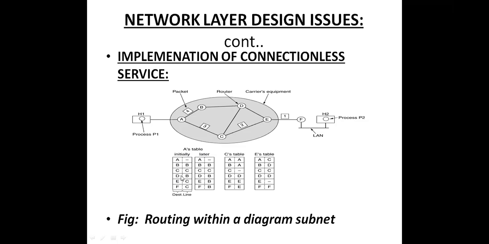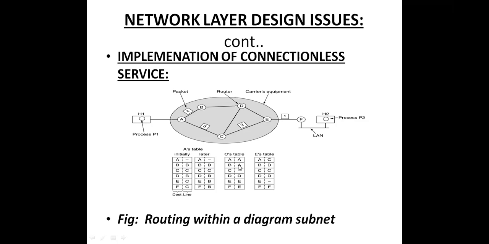So A to D, either B or C. In this particular example, A communicates to D via B. For E, A communicates to E via C, or it may go via B, so B and C both are possible. Or if A is willing to communicate to F, either via B or via C. This is the A table.